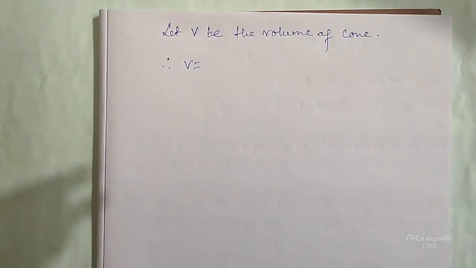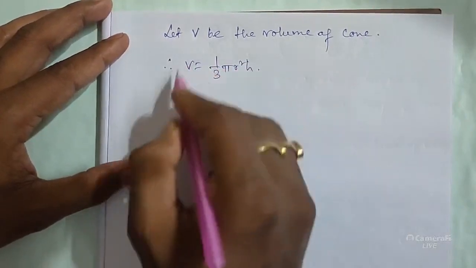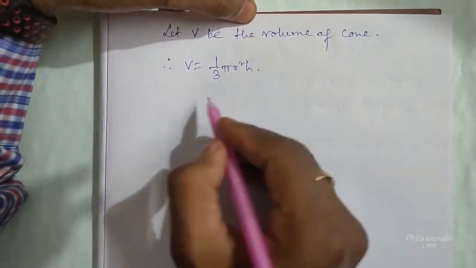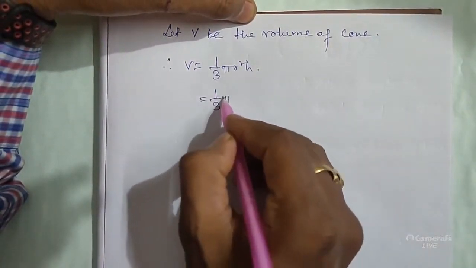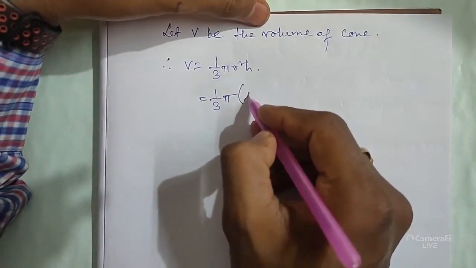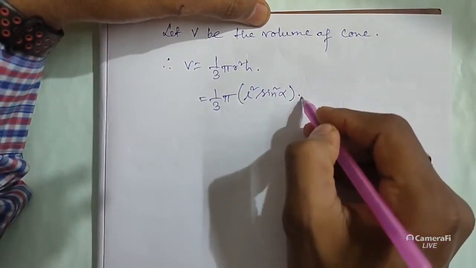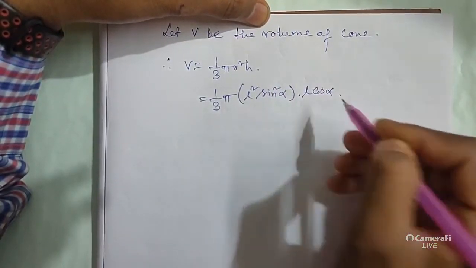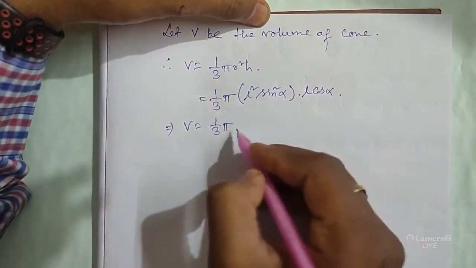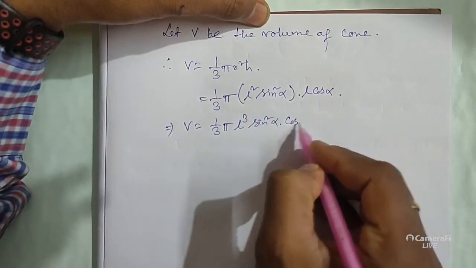V equals to 1/3 pi r square h. This is the volume of cone. Now the value of r and h we can replace. 1/3 pi, r means L sin alpha, so r square is L square sin square alpha, and h means L cos alpha. So V we are getting 1/3 pi L cube sin square alpha into cos alpha.